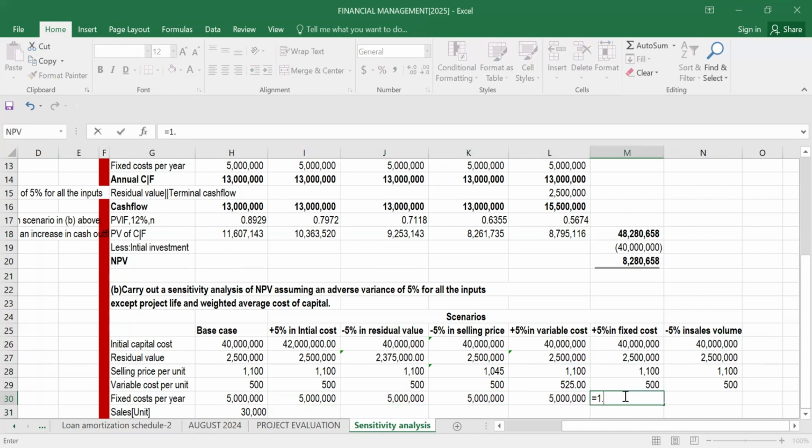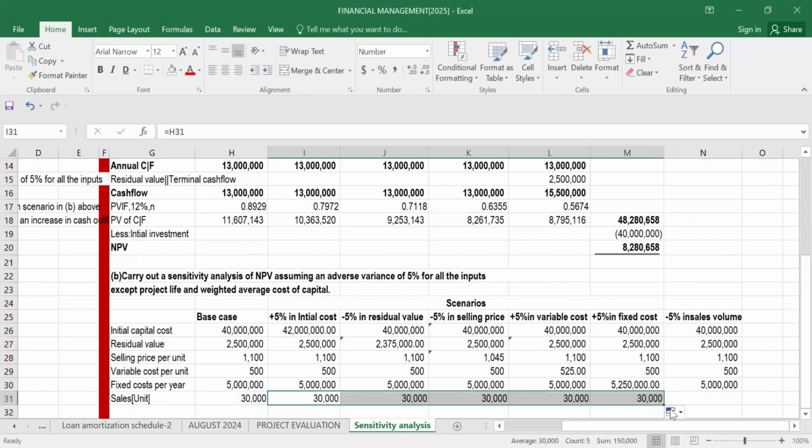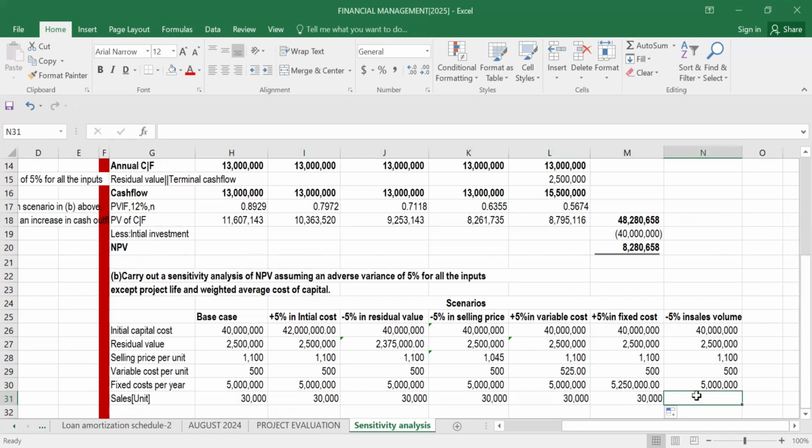It will be 1.05 times this one, and then here it remains the same, 5 million. So then the unit selling price will be 30,000. That will remain the same all the way up to that point. But here this one will reduce with 5%. So this one will be 0.95 of this one.